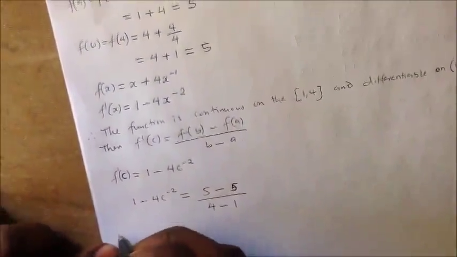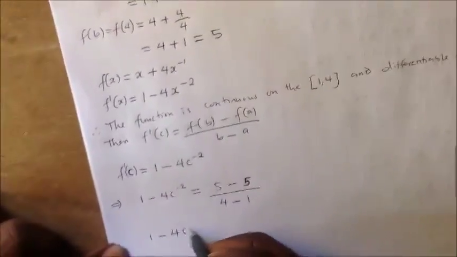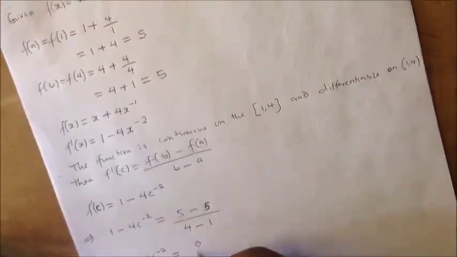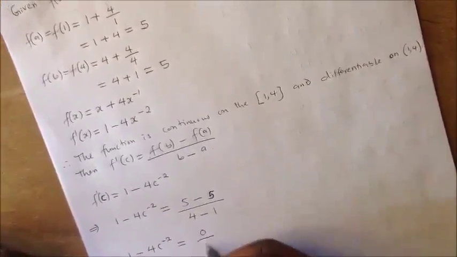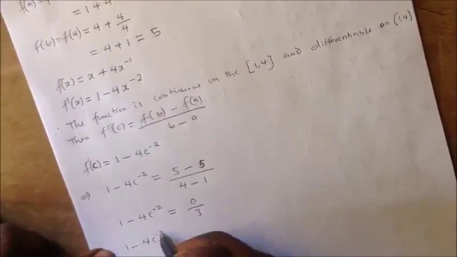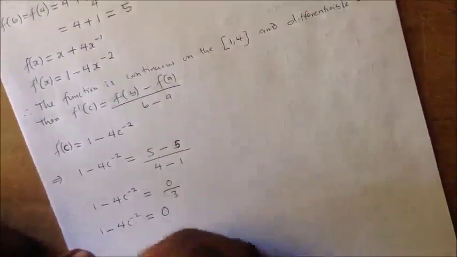So 1 minus 4c raised to the power minus 2 is equal to 5 minus 5, 0, divided by 4 minus 1, 3. It is equal to 0, because 0 divided by 3 is 0. We are looking for c.